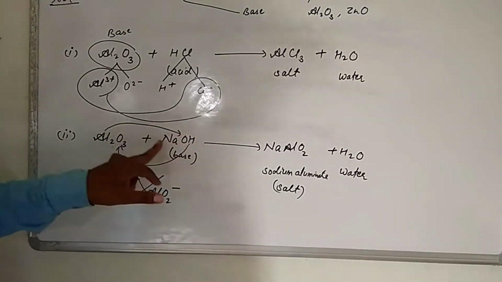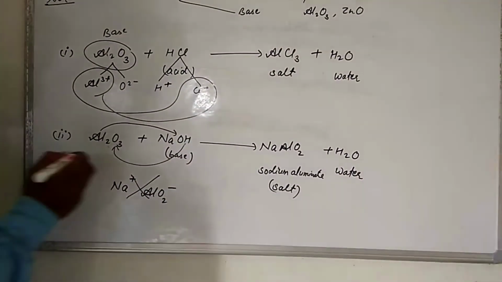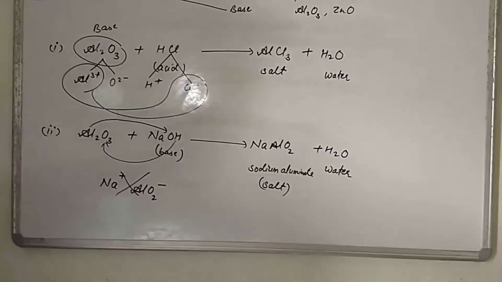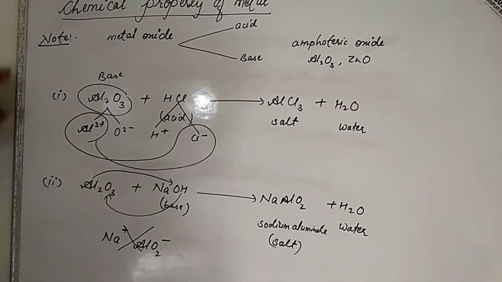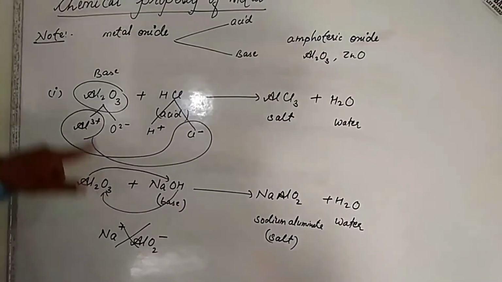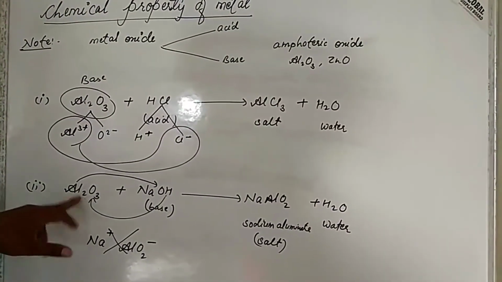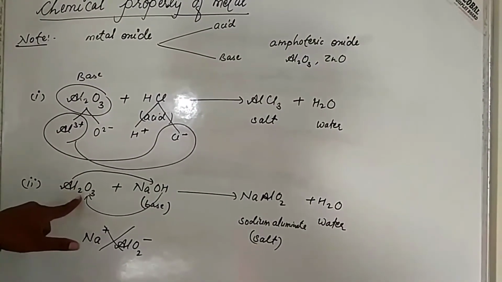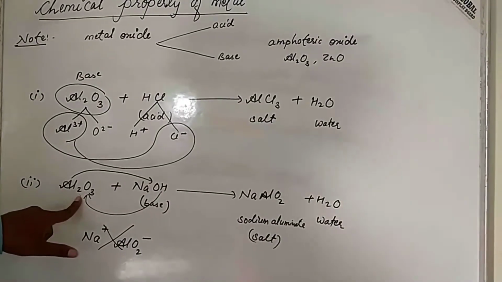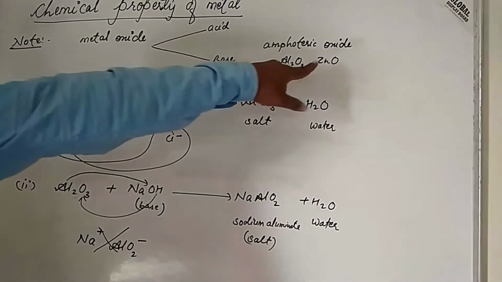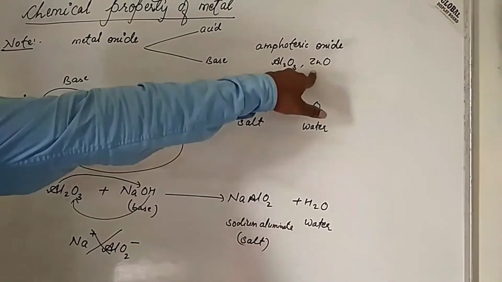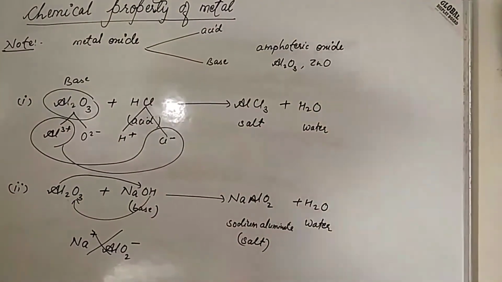Now here is base, and now this aluminum oxide. So children, in this reaction aluminum oxide is behaving like a base, and in this reaction aluminum oxide is behaving like an acid. Clear children? Now we will see how zinc oxide shows both the property of acid and base.